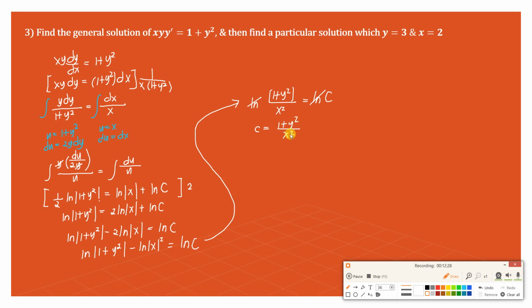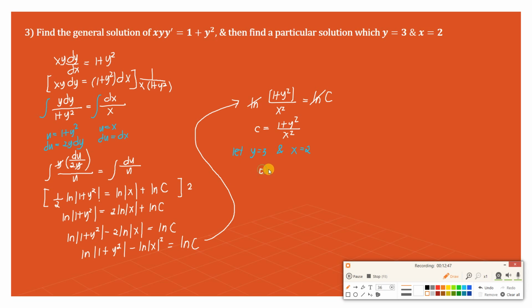So, based on the condition, para makuha natin yung particular solution, I let y equals to 3 and x is equals to 2. So, kunin ngayon natin yung value ni c.